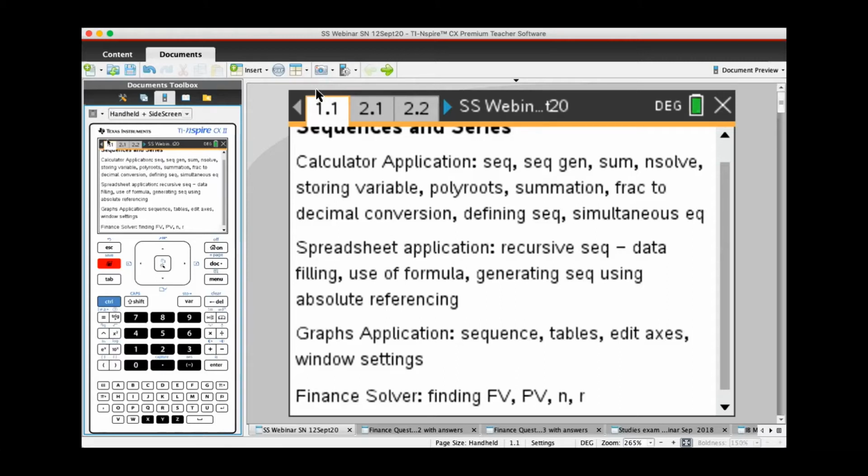And of course, the finance solver, which is really useful for the AI as well as the AA, especially for the AI SL students. So let's get going. Before I use some examples from the IB question papers or from exam style questions, I'd like to first show you how these applications can be used.